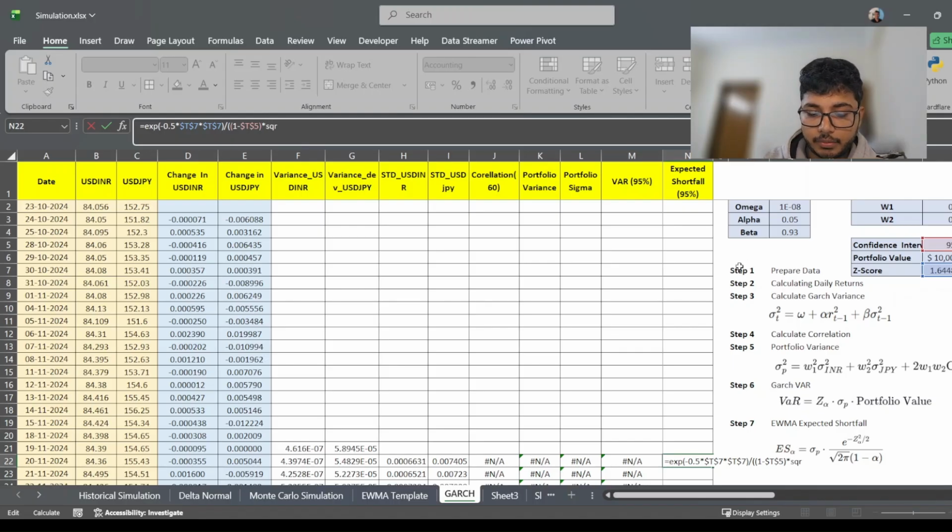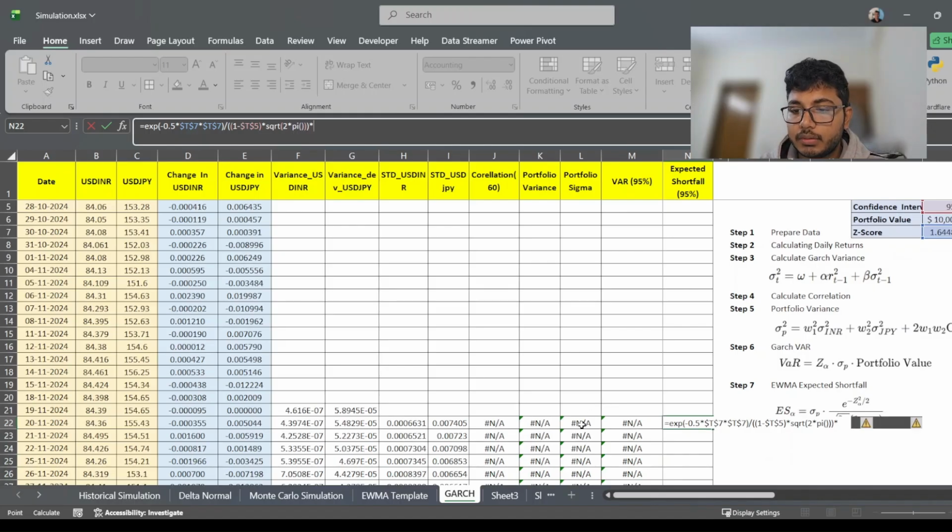Multiply by square root of 2 multiplied by pi, multiplied by portfolio standard deviation, multiplied by the portfolio value. We need to fix this as well.